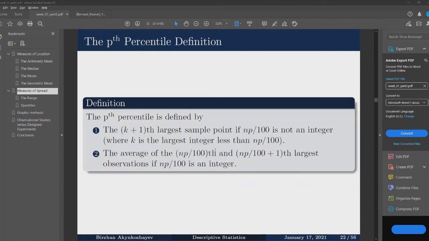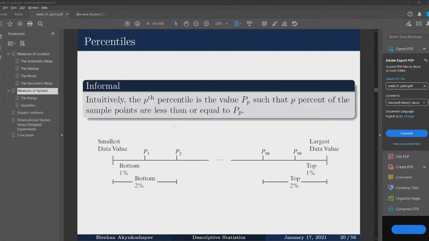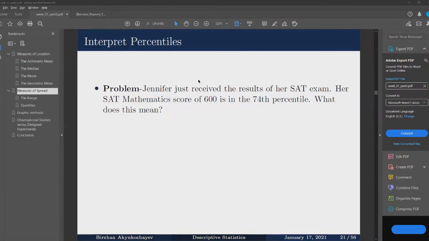Okay. Informal definition for percentiles: the P-th percentile is the value big P, such that P% of data points are less or equal than our big value P. So we divide our data set into 100 equal-sized intervals. Let's take a look at the following problem. Jennifer received her SAT score.